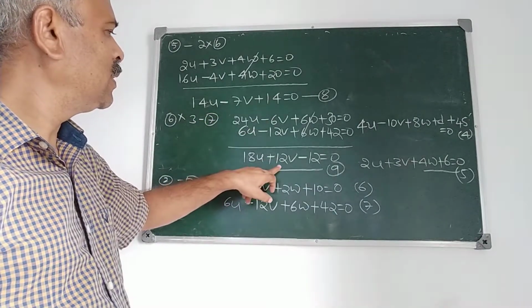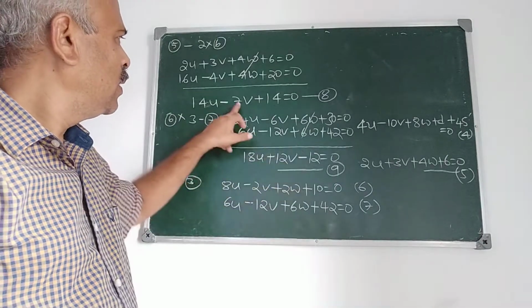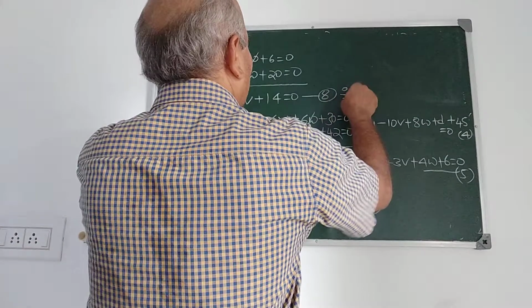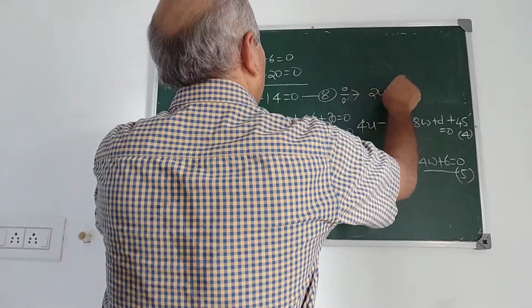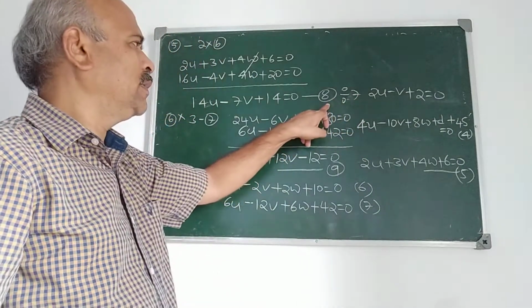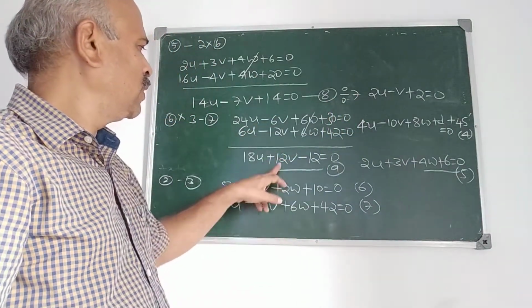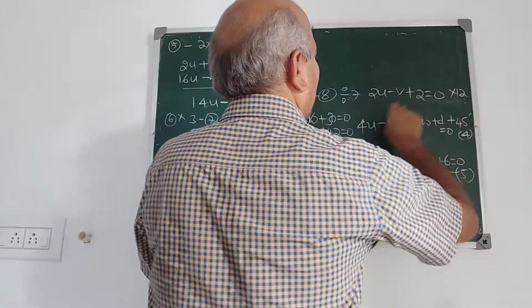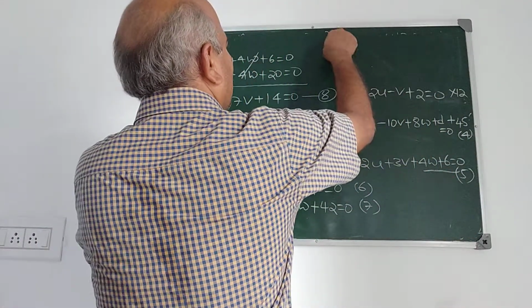Here 18, plus 12, minus 12. So better divide by 7 first here. What do you get? 2u minus v plus 2 is 0. I take this as 8. Now this equation, so we multiply by 12 now.